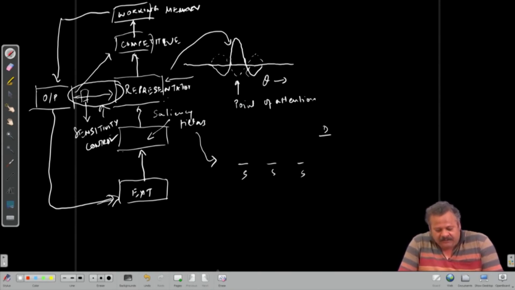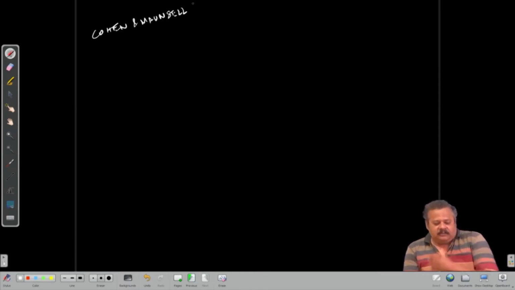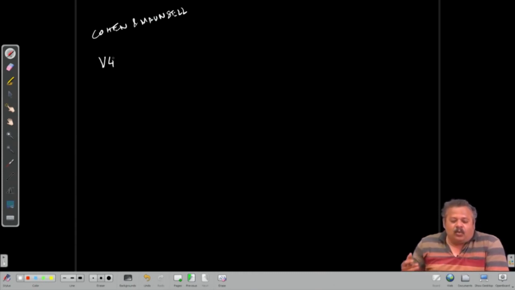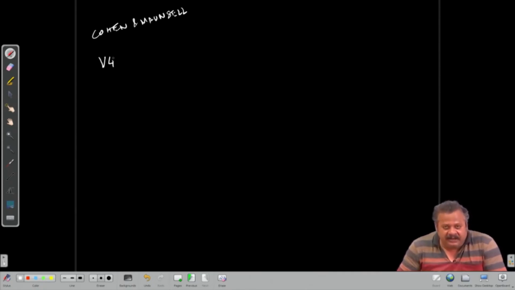So, the most important, or I would say the elegant experiment that was done regarding this, and we will see how computational neuroscience also comes into play there, was done by Cohen and Maunsell. In this particular case, they were recording from the V4 structure in the visual pathway, which is in the what pathway of the visual cortex, that is object identity.